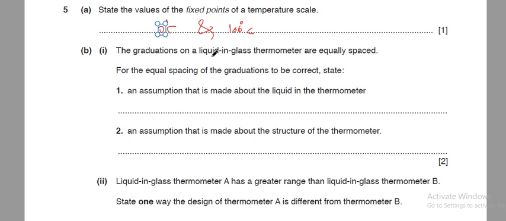Graduations on liquid and gas thermometers are equally spaced. For equal spacing of graduations to be correct, state an assumption that is made about the liquid in the thermometer.